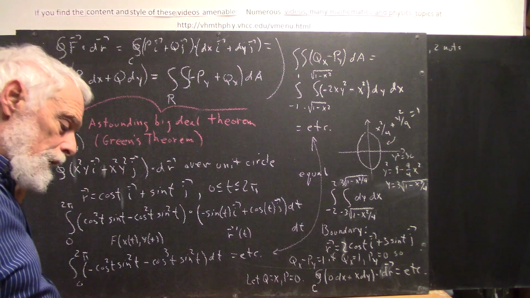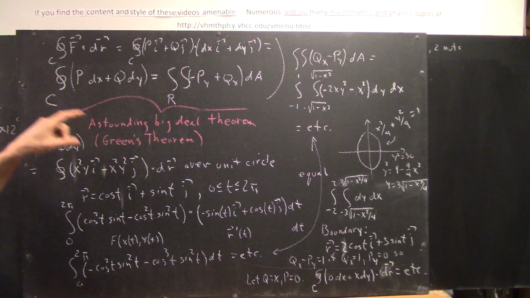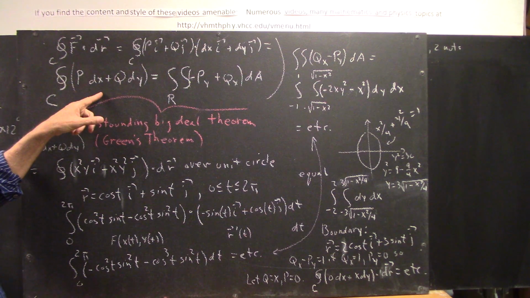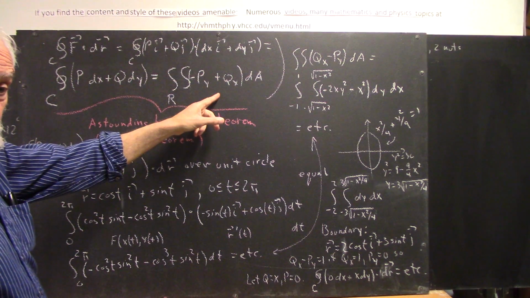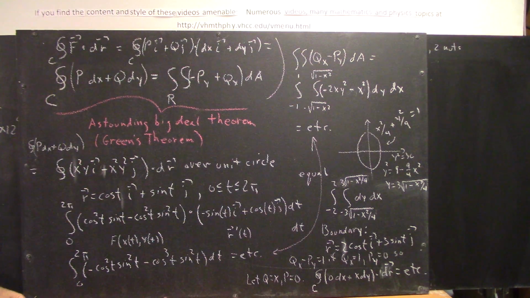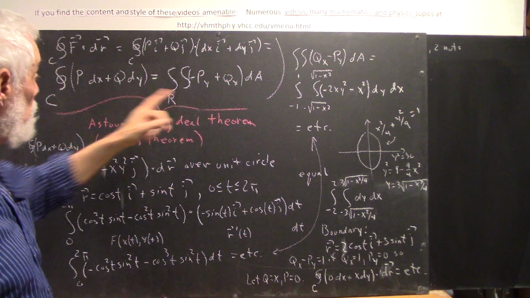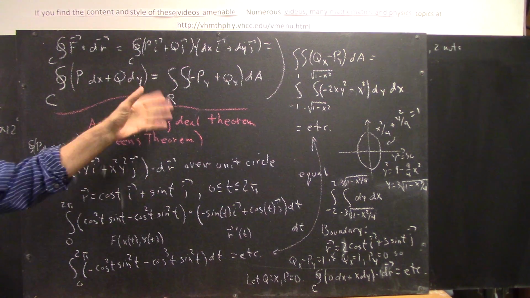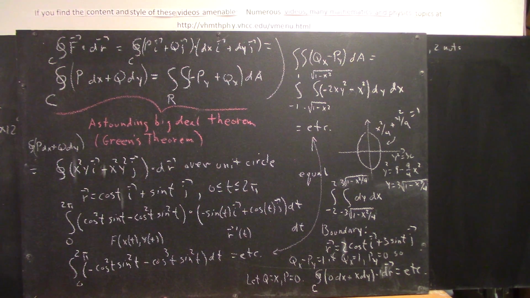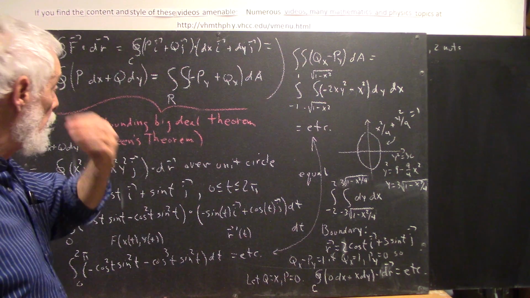It allows you to evaluate a line integral by doing an area integral. Sometimes it's easier to do the area integral than the line integral. It allows you to do an area integral by doing a line integral, if the area integral has a certain form. So it's a very powerful tool just in that right.